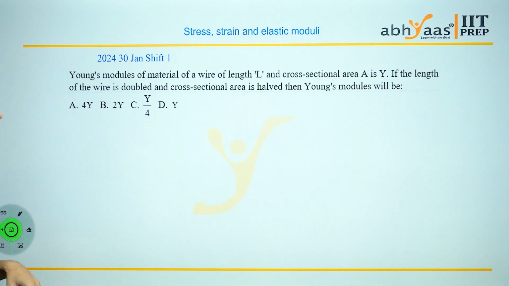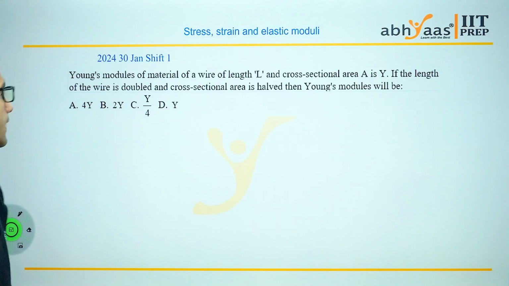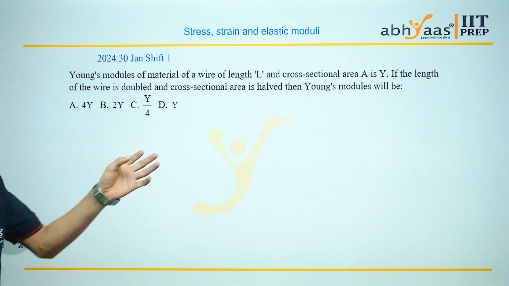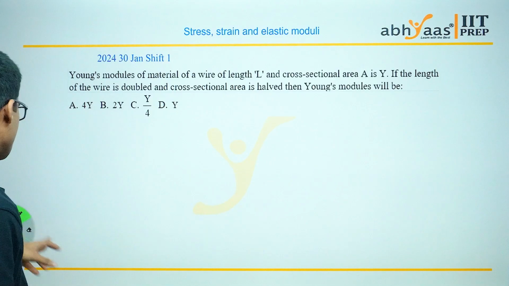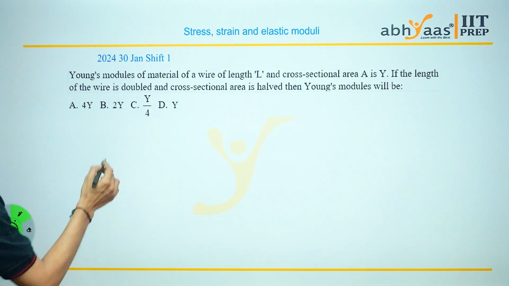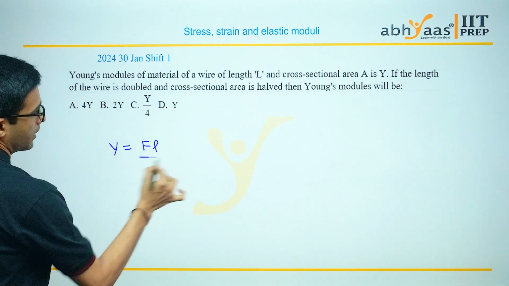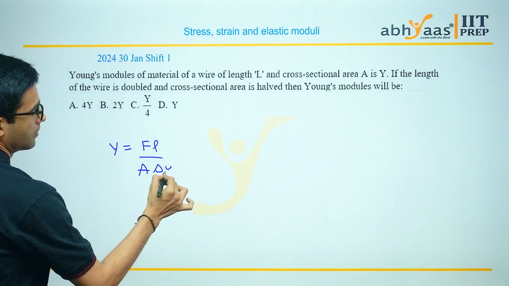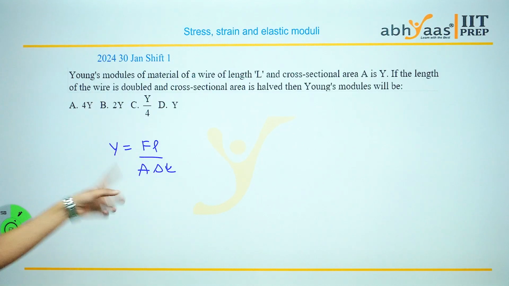Okay, now going to the next one. In the next question, he has initially given Young's modulus for a wire of length L and cross-sectional area A. After that, he changed the dimensions. Young's modulus y equals FL by A delta L, that is, y equals stress by strain.